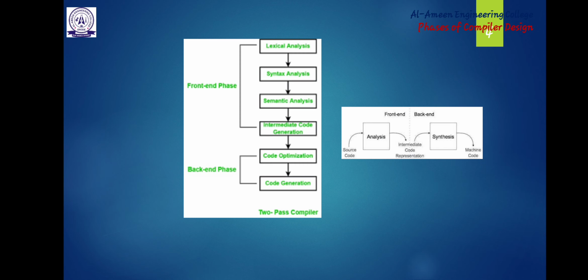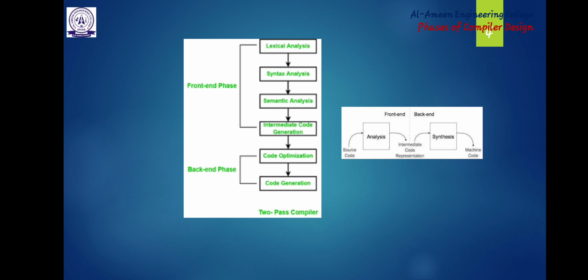The first phase is lexical analysis, second syntax analysis, third semantic analysis, then intermediate code generation, code optimization and code generation. The first four phases are considered the front end, and the last two phases the back end.